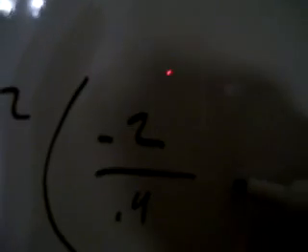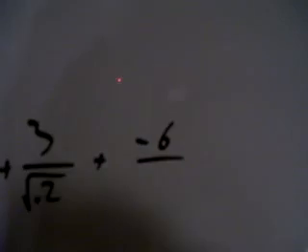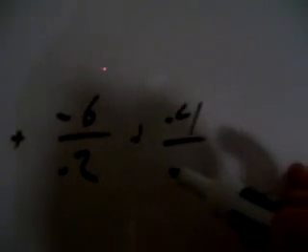Equals K Q squared times, and this is, it'll be negative 2 over 0.4 plus 2 over 0.2, and this is after I factored out the K Q squared, plus 3 over the square root of 0.2 plus negative 6 over 0.2 plus negative 4 over the square root of 0.2 plus 6 over 0.4.